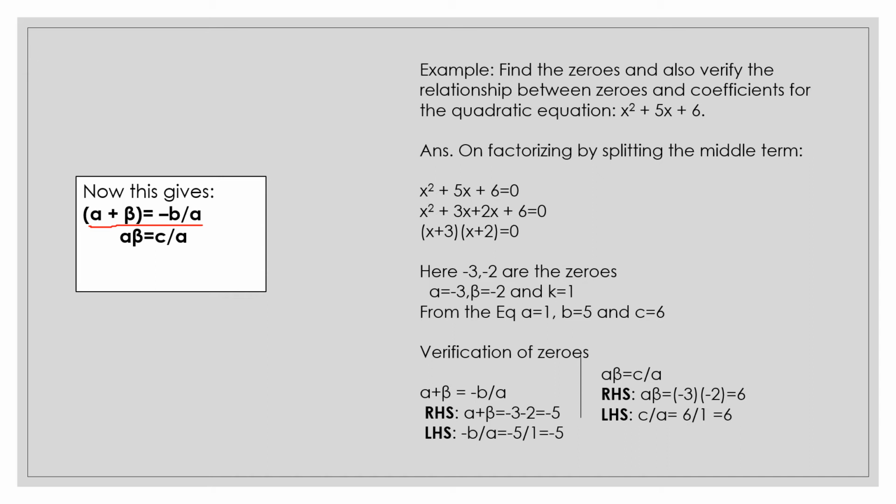So here b is 5, so minus b is minus 5 by a, and a is 1, right? Coefficient of x square is 1, so minus 5 by 1, which equals minus 5. Since LHS equals RHS, we have verified our first relation.